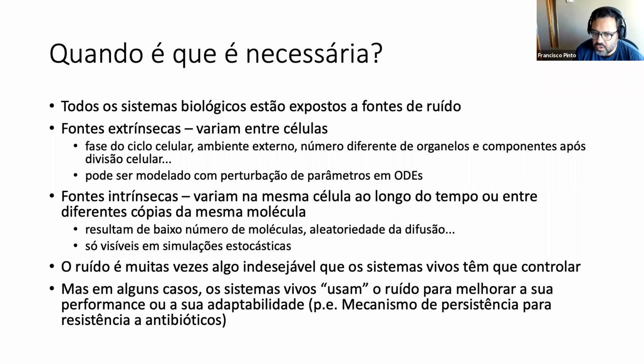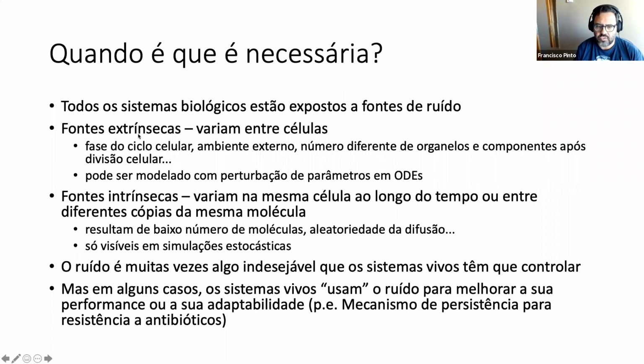Because in theory, all biological systems are constantly exposed to noise. That is accepted, that is true. But we have fundamentally two sources of noise. We have extrinsic sources of noise and intrinsic sources of noise.